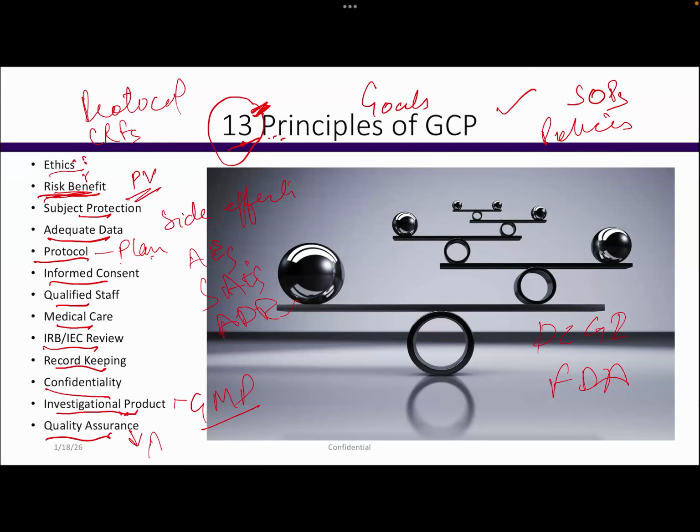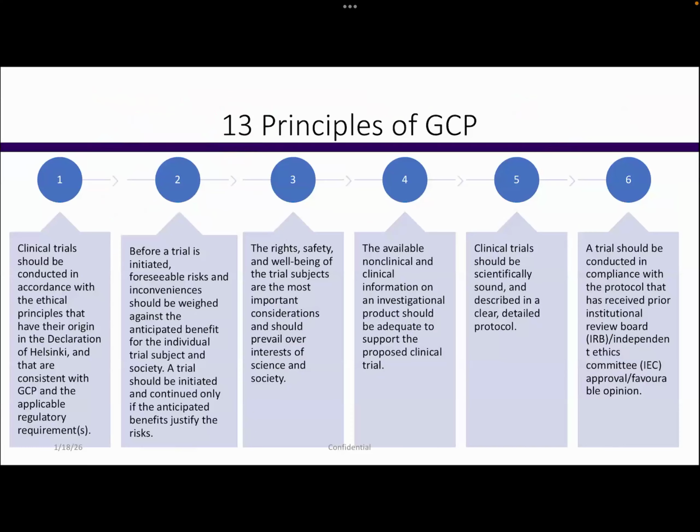Let's talk a little in detail about each principle. So what is our first principle? Ethics. The clinical trial should be conducted as per ethical principles and the Declaration of Helsinki. What was the Declaration of Helsinki? Respect for person, beneficence, and justice. Right?